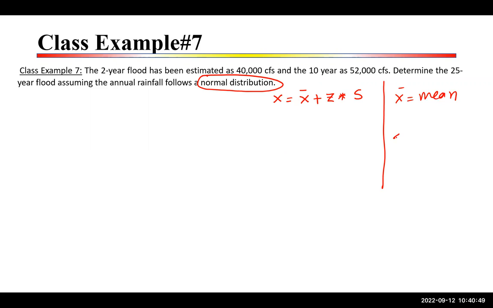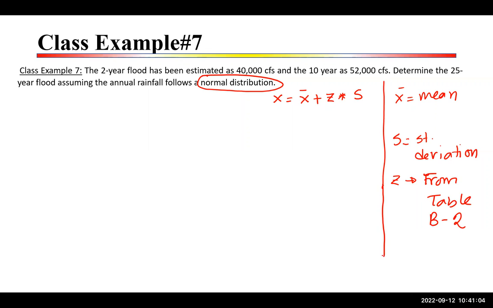Mean. S equals standard deviation, and Z from table B2, right? That's what we know. And let's find out what the given values are here. From the given values, are you seeing any mean or standard deviation number?